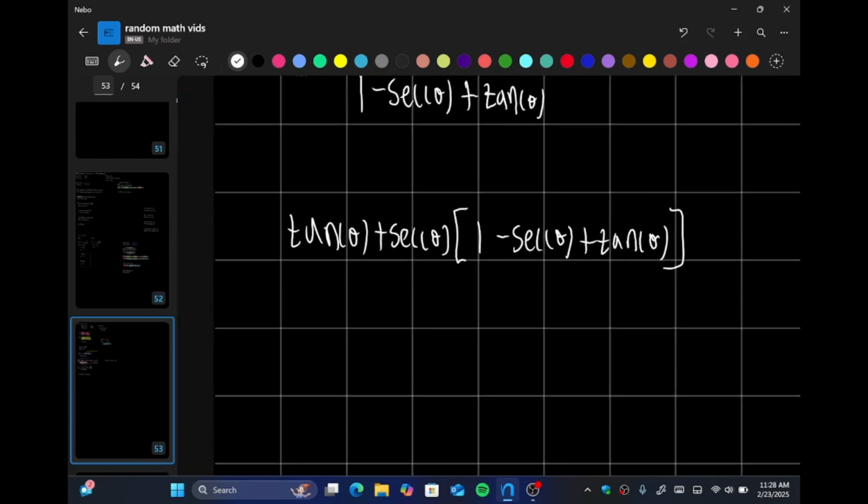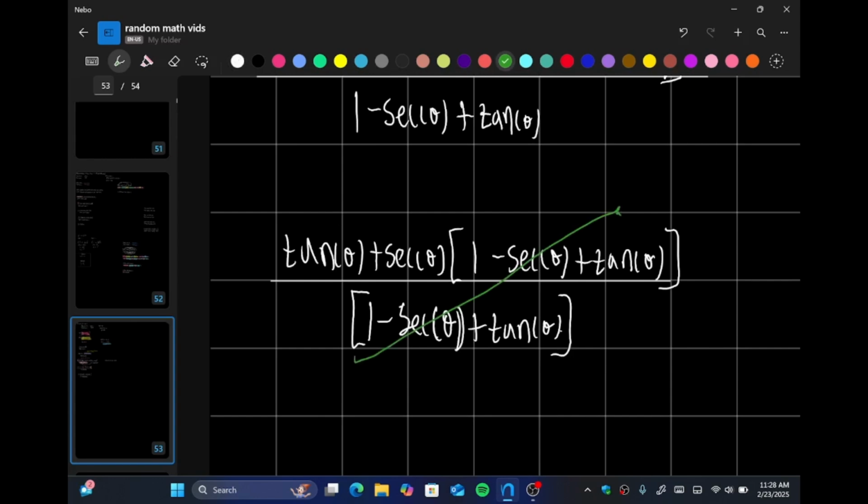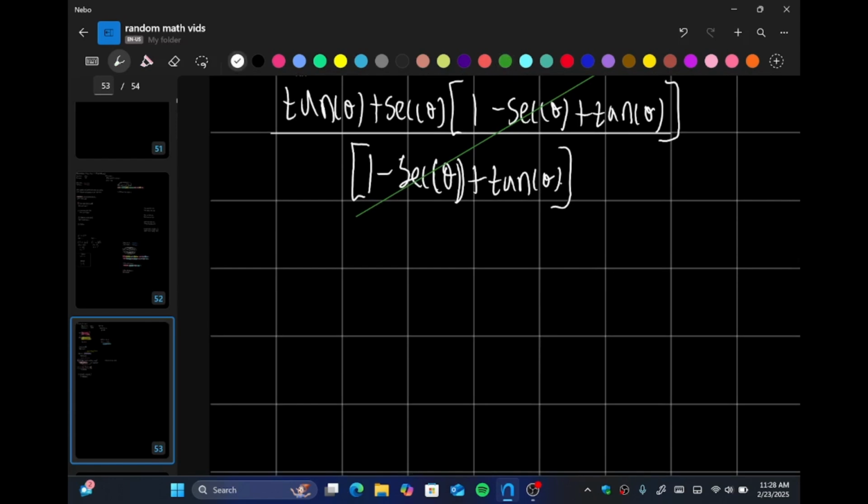Over 1 minus secant theta plus tan theta over the quantity 1 minus secant theta plus tan theta. Okay, guys, so as you can see, these two are going to cancel out, okay? And then we will end up with tan theta plus secant theta, right?